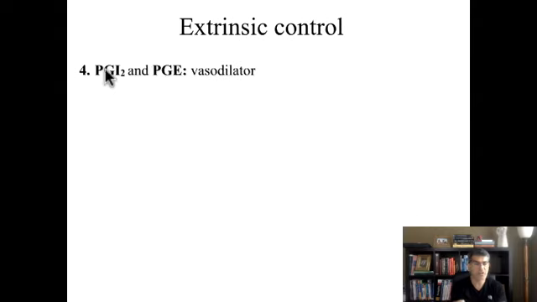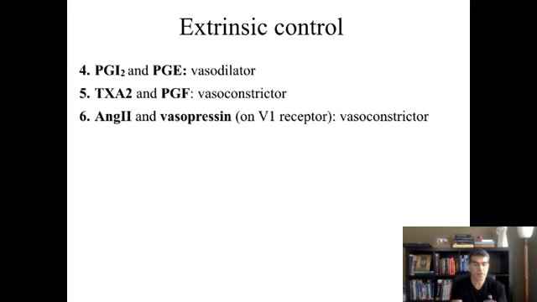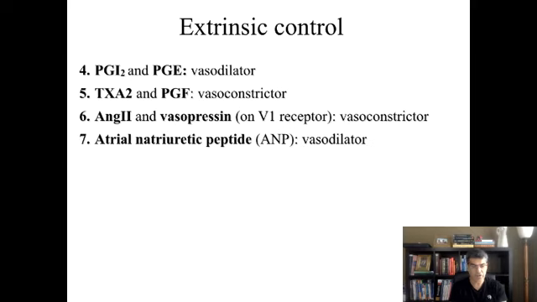The next one is prostaglandin I2 and prostaglandin E. You remember that these two are vasodilators. Remember thromboxane A2 and prostaglandin F, they are vasoconstrictors. Remember angiotensin 2 and vasopressin, or ADH, that sit on V1, they are vasoconstrictors.